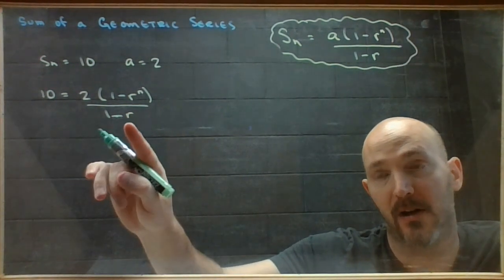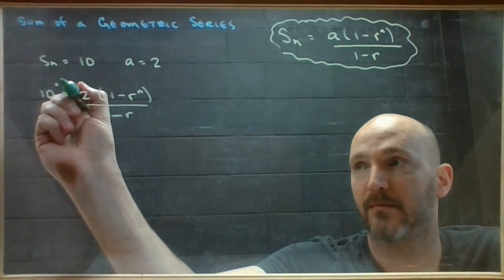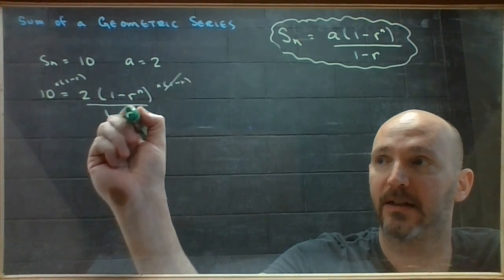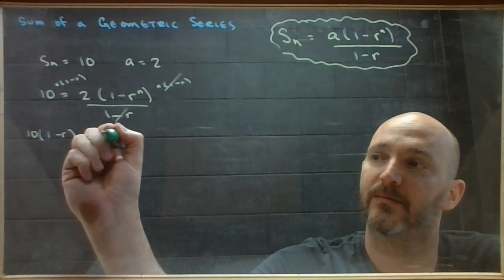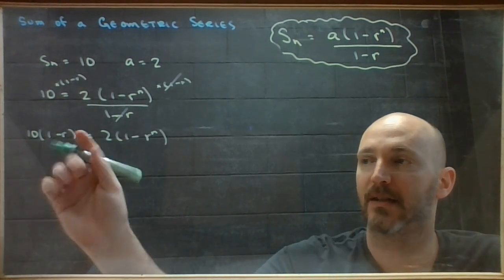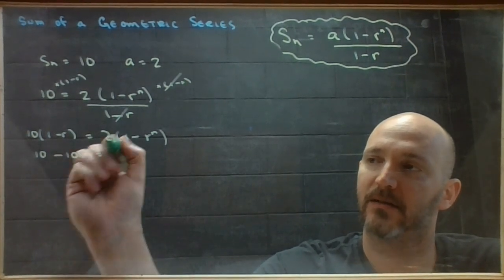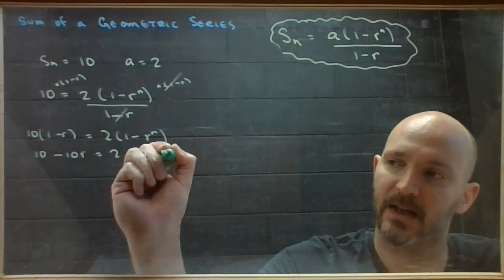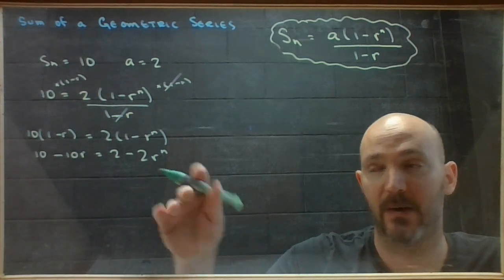Now, if I'm solving for R, I can't have it in the denominator. So I'm going to multiply both sides by 1 minus R. That will eliminate it on this side and give me 10, 1 minus R over here. Ten times 1 is 10. 10 times negative R is negative 10R. 2 times 1 is 2. 2 times negative R^n is negative 2R to the N. I'm going to bring all the terms over, so I have all the like terms together.